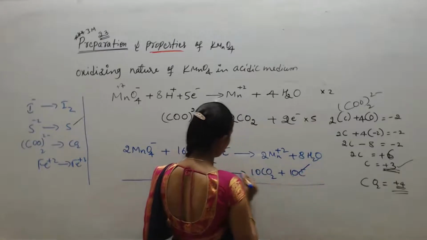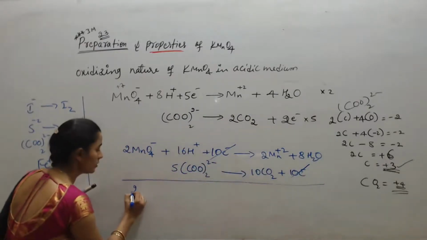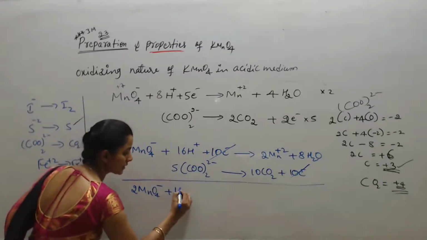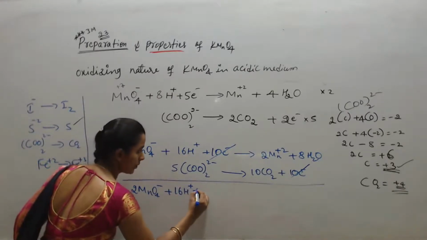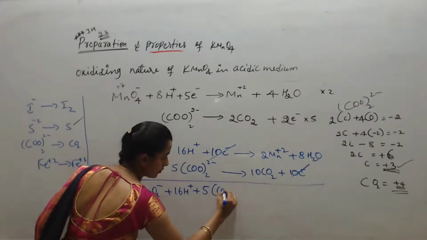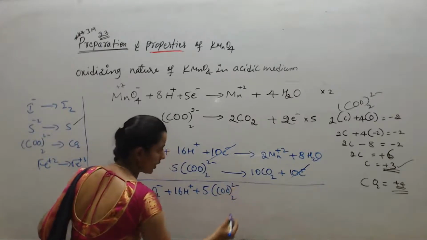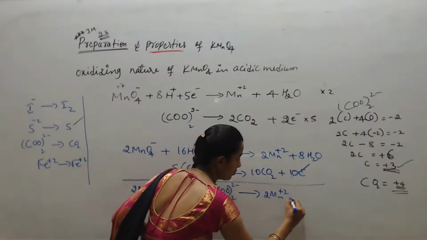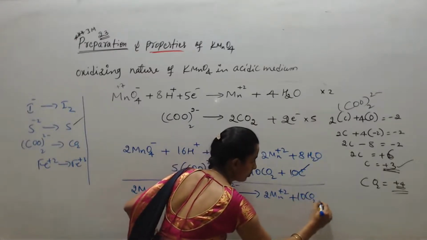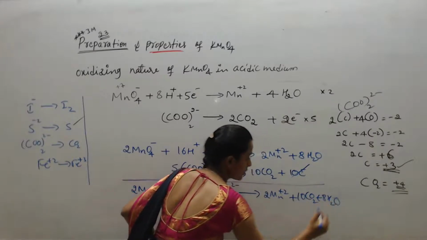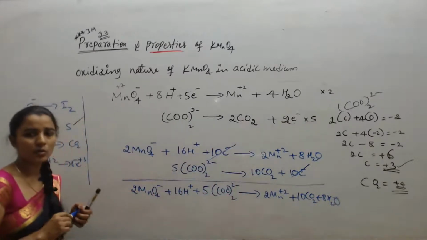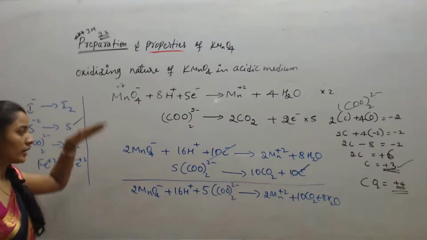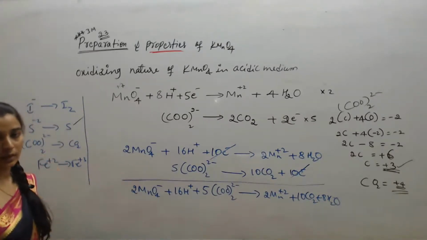So this will get cancelled. Then we will get 2MnO4- plus 16H+ plus 5 (COO)2 2- gives rise to 2Mn2+ plus 10CO2 plus 8H2O. So students, this type of reaction you already studied in the first year, that is redox reaction. Again we are doing the same thing.